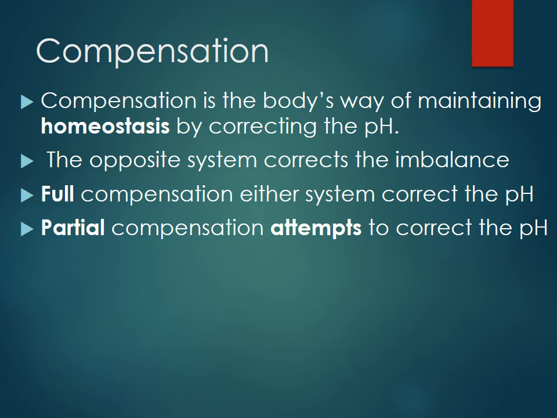In metabolic alkalosis, it's compensated by respiratory acidosis. If you have an accumulation of bicarb and an increase in pH, the lungs will attempt to decrease the pH by conserving CO2 and by decreasing ventilation, or hypoventilating.